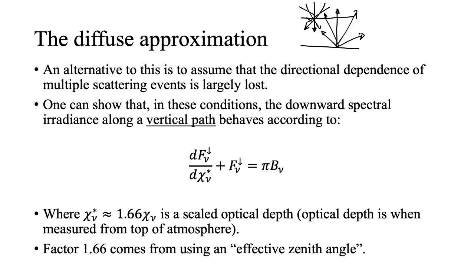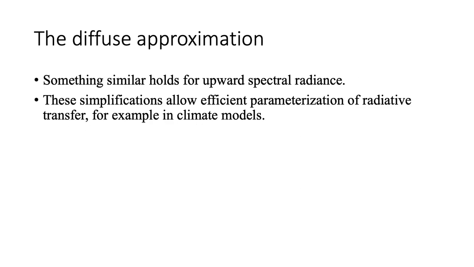You do that by introducing an effective optical path, if you will. This optical path is called chi nu star, and this is equal to 1.66 chi nu. So it's a scaled optical depth that takes into account the fact that you are actually considering photons that are coming in or out at different angles.